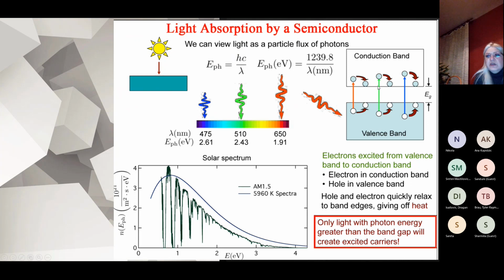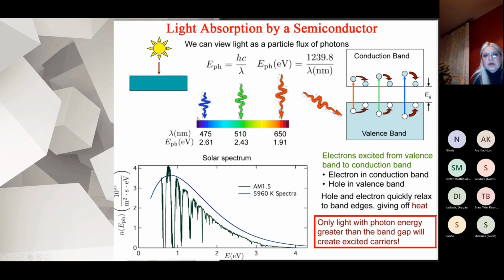And now, because we defined that we cannot use the photons which have smaller energy than the band gap, that means that we have to use photons of higher energy. But now we're going to see what other processes occur in the semiconductor depending on the energy of the photon we use.